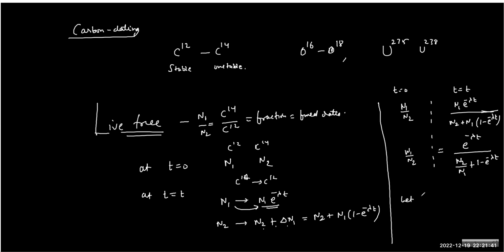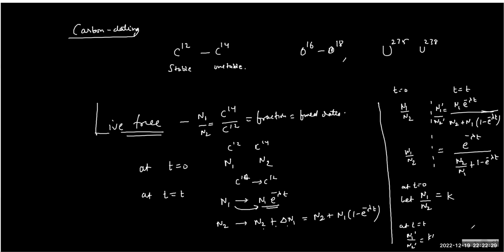Let N1 by N2 at t equals 0 be some number k, and at time t let's call it N1 dash upon N2 dash, given as k dash. We know the new ratio. So given the old ratio and the new ratio, can you find the time? Yeah.